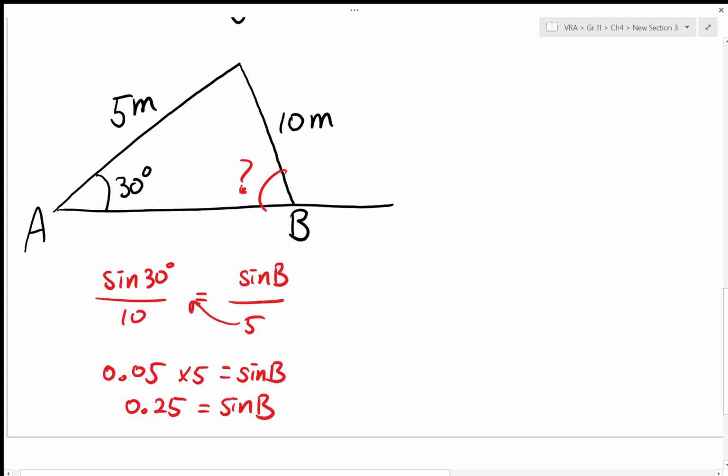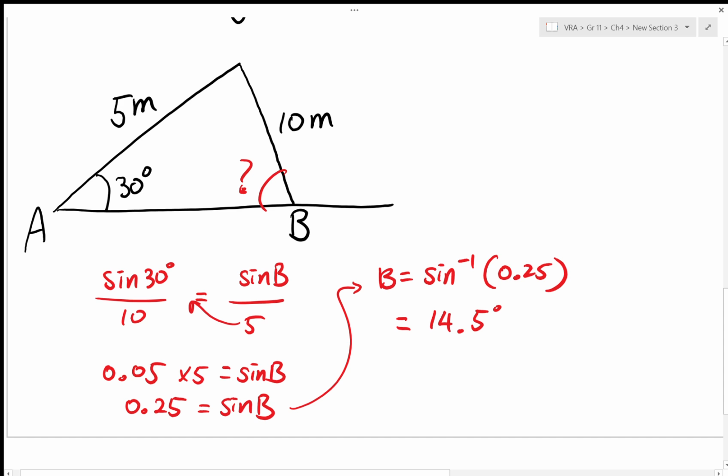Now, in order to find B, we have to use the inverse function of sine, since we're looking for the angle with the sine ratio. If you're looking for the angle with the cosine ratio, obviously you have to do it with cosine. So B equals sine inverse of 0.25, and that gives you 14.5 degrees.